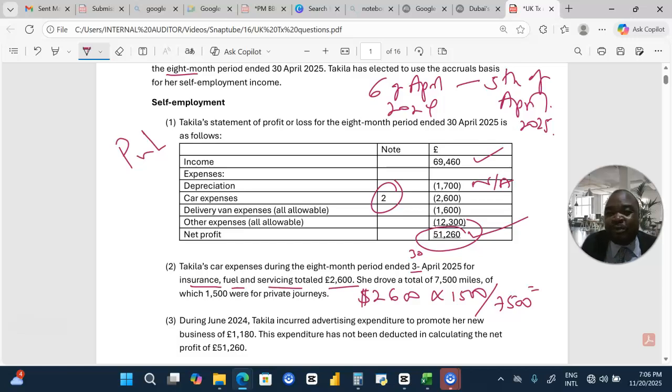You then do your computation on Excel, 2,600 multiplied by 1,500 divided by 7,500, and you put a positive figure, not a negative figure. You put a positive figure to tell the examiner that it should be added back, that should be taxed. Is that clear, ladies and gentlemen? We are done on that. Let's move on.